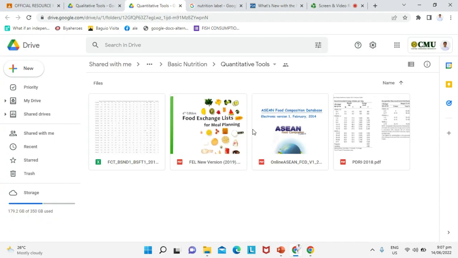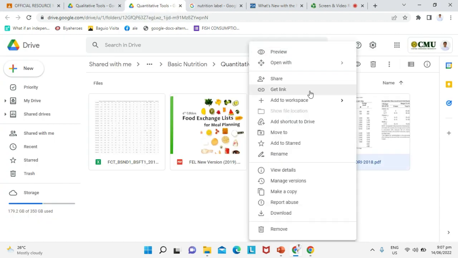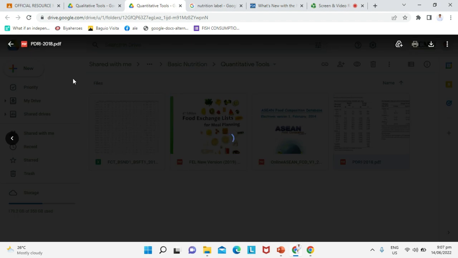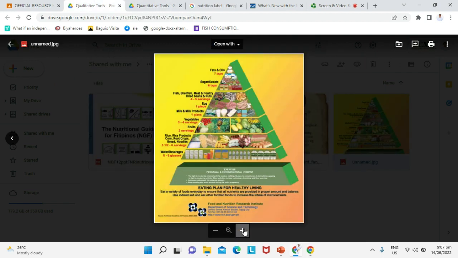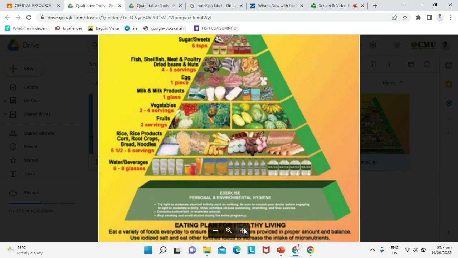My internet connection now is not that strong, so I hope my audio is clear so far. I should have opened this before, so we could go straight to it. Okay, let me open it first.